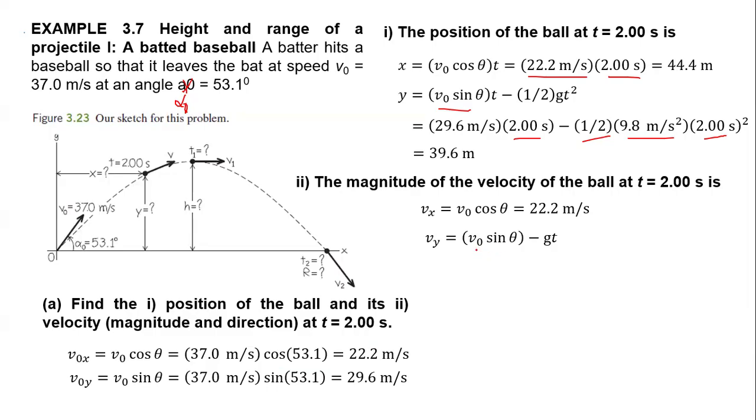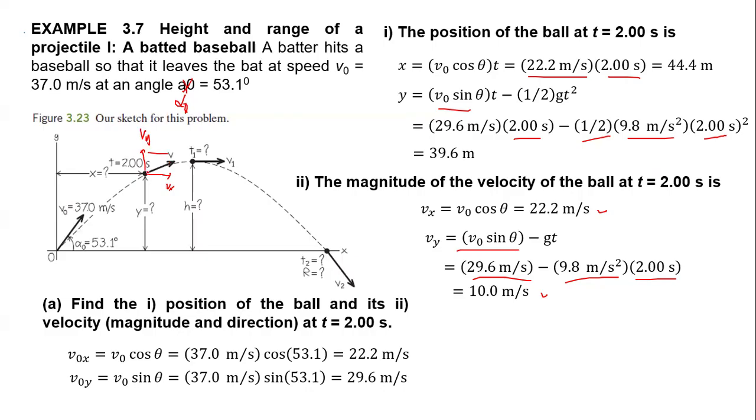We already calculated 29.6 meters per second minus 9.8 meters per second squared times 2. So our v_y is 10 meters per second. So we have v_x and v_y.